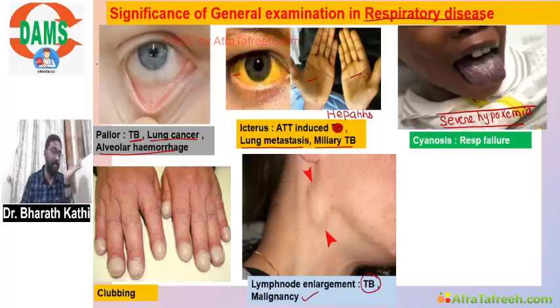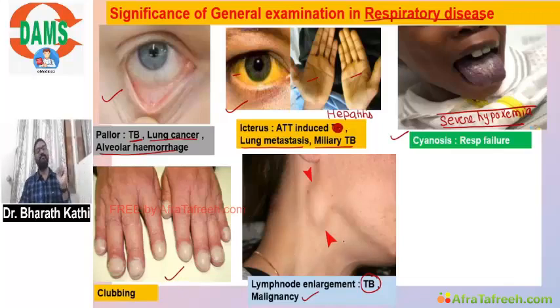Now if you see here, TB is the universal answer. Pallor, bone marrow tuberculosis. Icterus, miliary TB, ATT-induced hepatitis, anti-tubercular therapy. Cyanosis, severe hypoxemia, as the patient is having bilateral fibrosis as in tuberculosis. Clubbing, TB is a rare cause of clubbing.